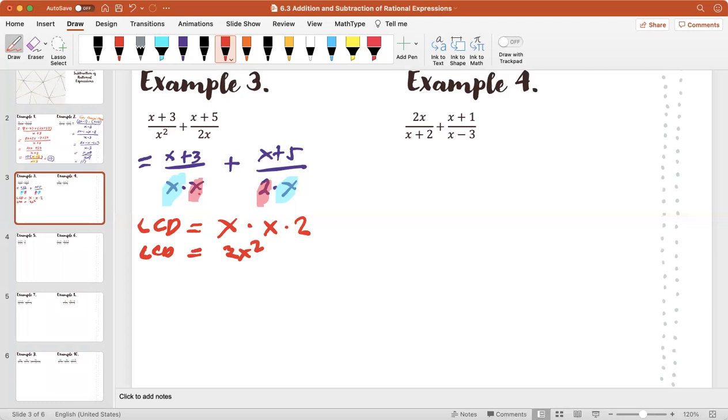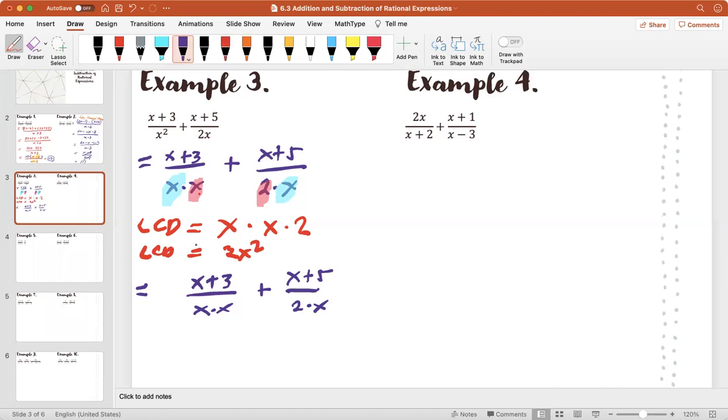And so our next goal here is to make both denominators the same, 2x squared. So let me just copy what we have in the first one. x plus 3 over x times x plus x plus 5 over 2 times x. Okay, in order to make them equal, same denominators, we divide. Just like fractions, we divide.